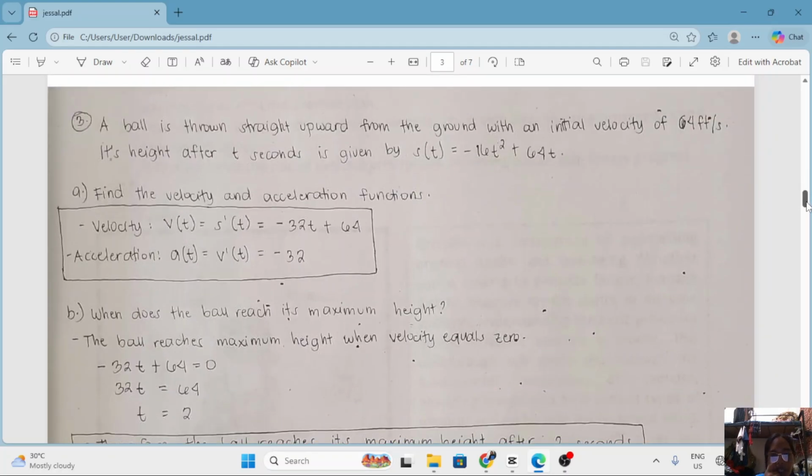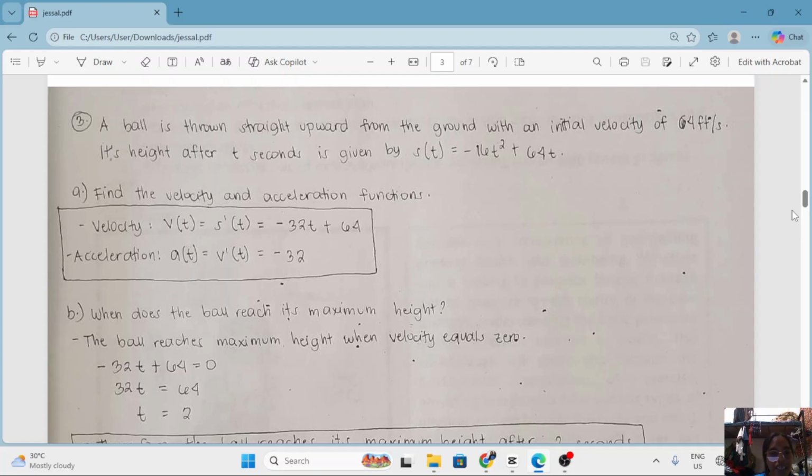So number 3, we have this problem. A ball is thrown straight upward from the ground with an initial velocity of 64 feet per second. Its height after t seconds is given by this equation, s of t is equal to negative 16t squared plus 64t.